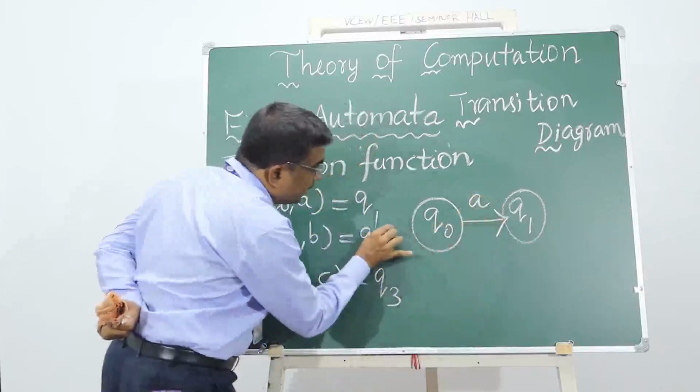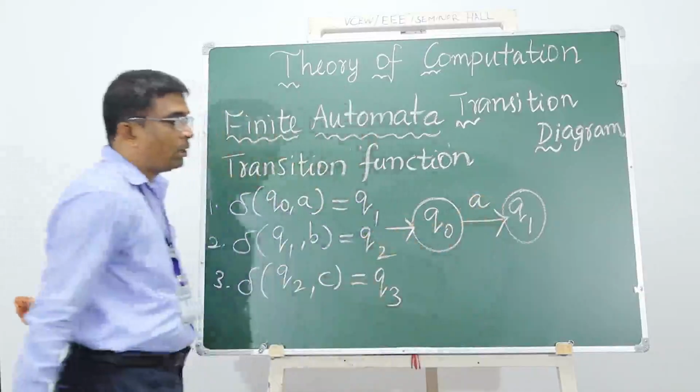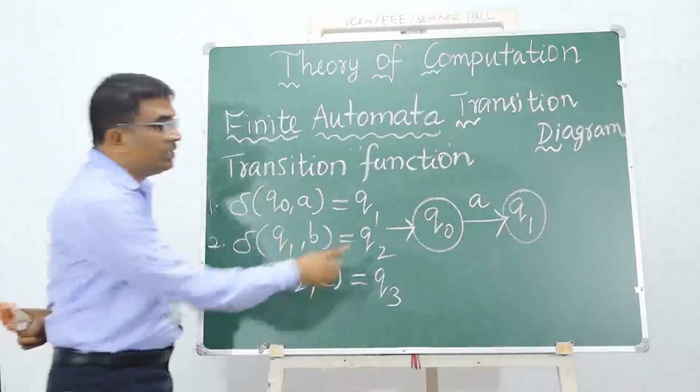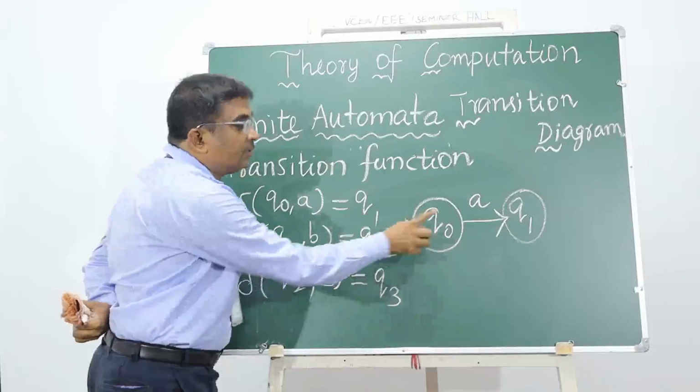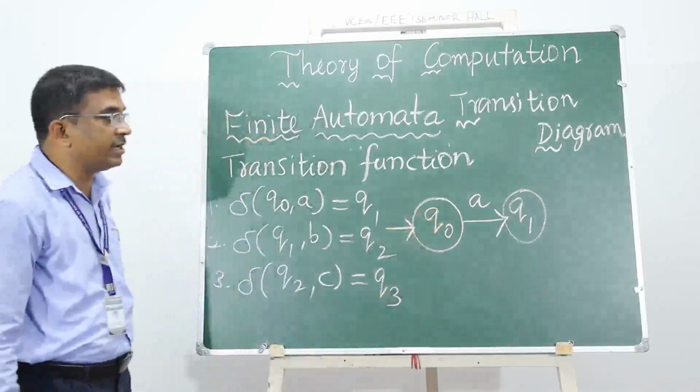For the initial state representation, you mark an arrow; this arrow represents that q0 is the initial state.